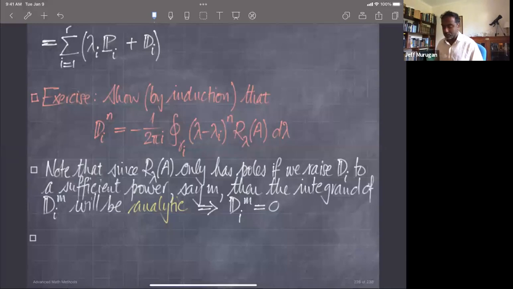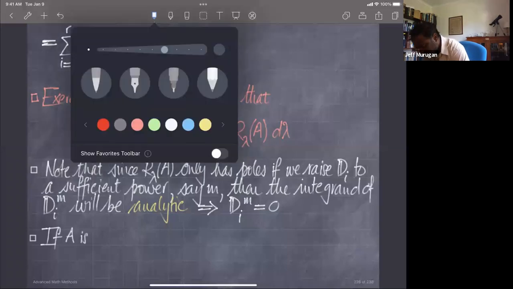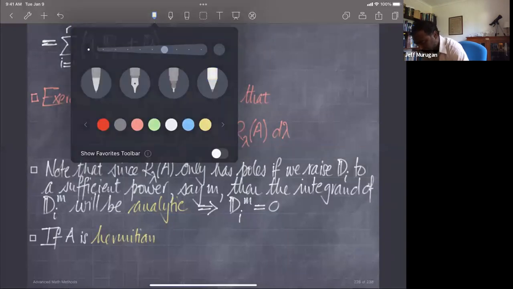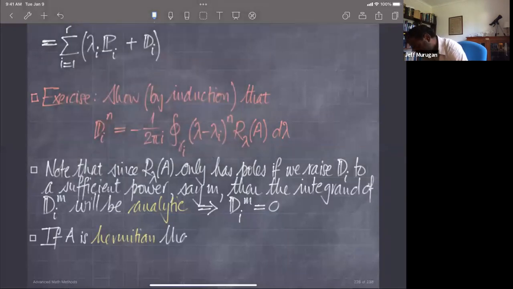There's a theorem in operator theory that says that if A is Hermitian, with respect to some inner product, then at most the resolvent of A can have simple poles.